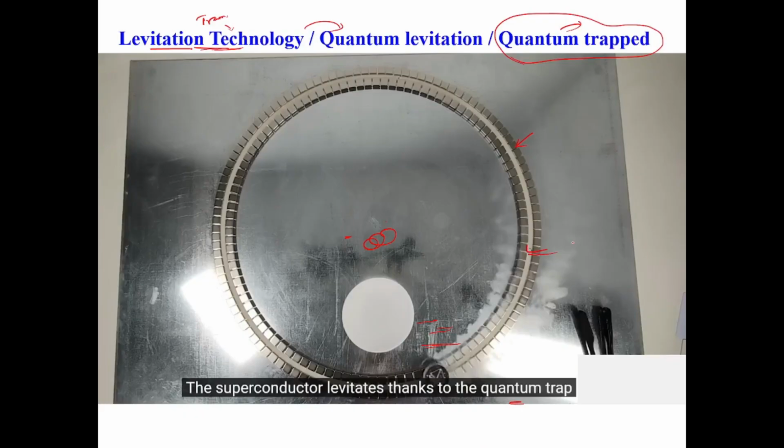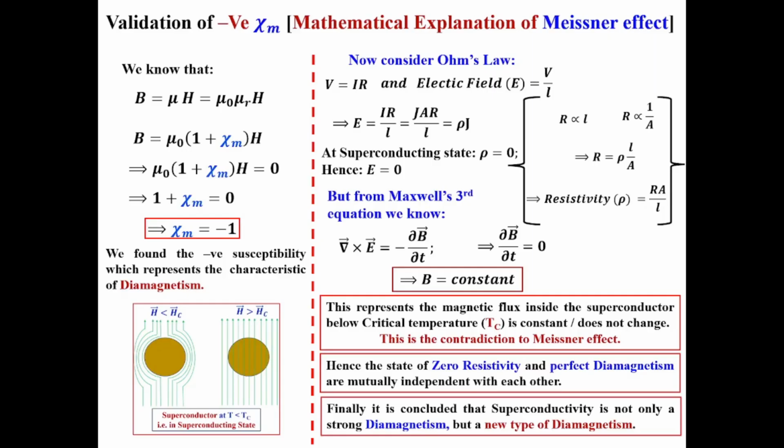Okay, now we are going to go for validation of negative magnetic susceptibility, or the so-called mathematical explanation of Meissner's effect. Here is the explanation.